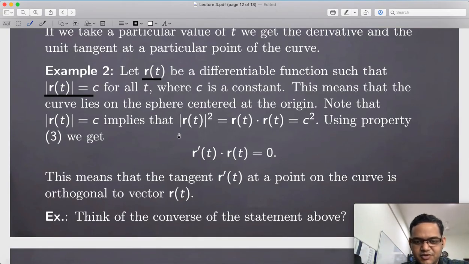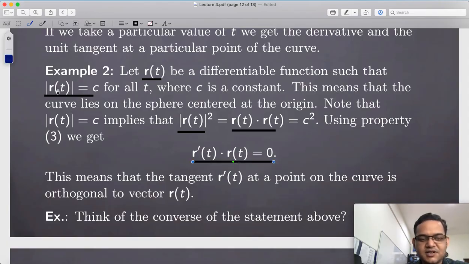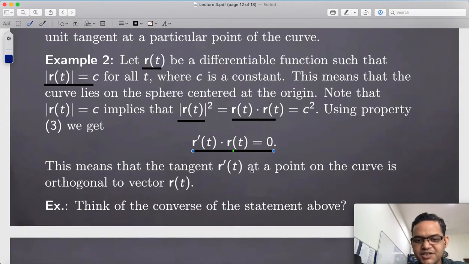So what can we say about it? This means that the square is also a constant, and the square is nothing but the dot product of the vector with itself, isn't it? Now using the property of the derivative of the dot product, when I compute the derivative, I am going to get this term twice equal to 0, because the other side is free of t. So for this kind of curve, which has constant magnitude for each t, r prime t and r t give you dot product 0.